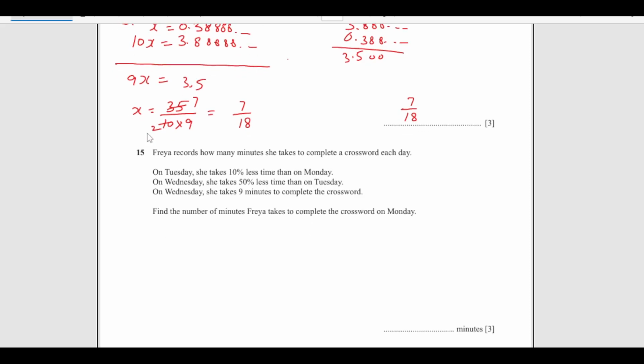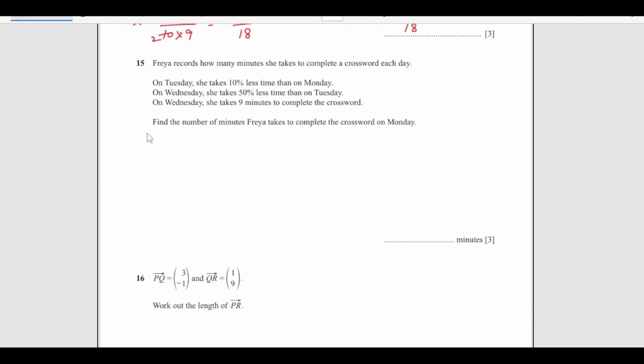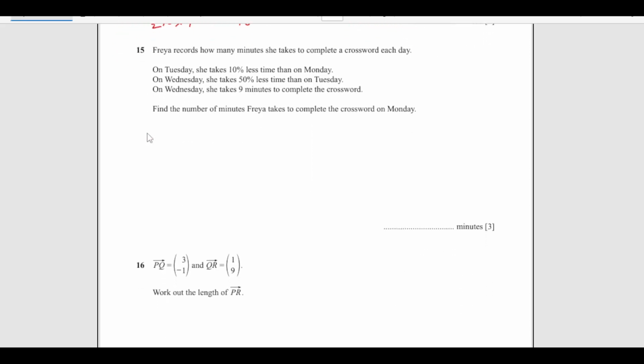Now number 15, Freya records how many minutes she takes to complete a crossword each day. On Tuesday she takes 10% less than on Monday. Then on Wednesday she takes 50% less than on Tuesday. On Wednesday she takes 9 minutes to complete the crossword.